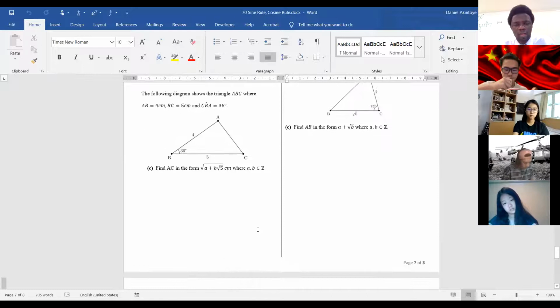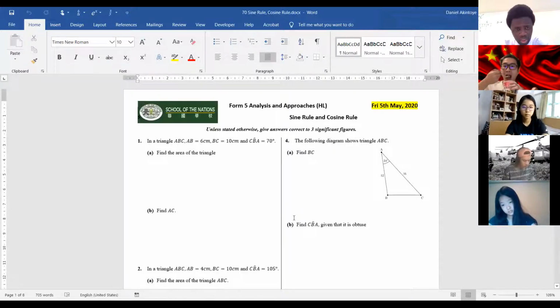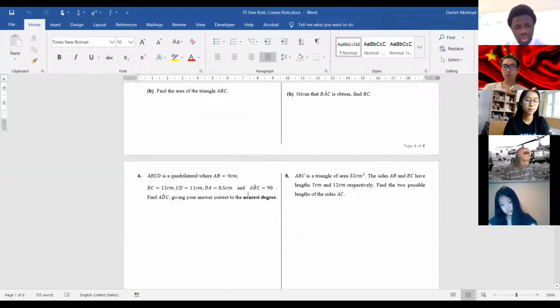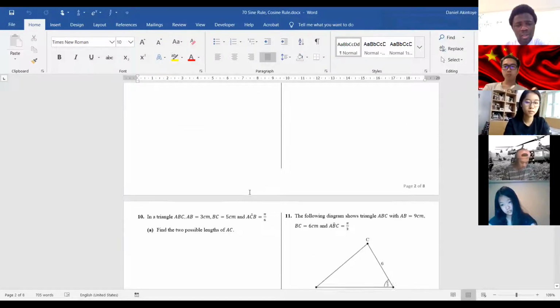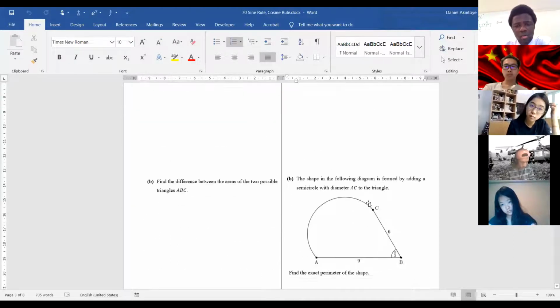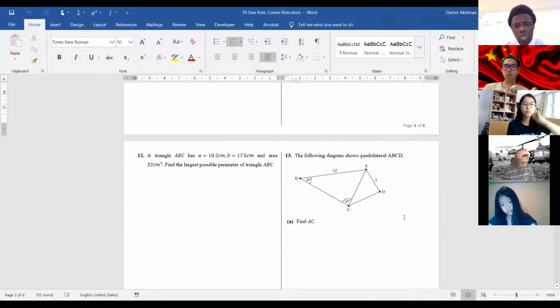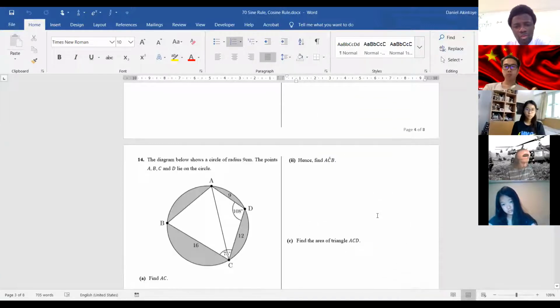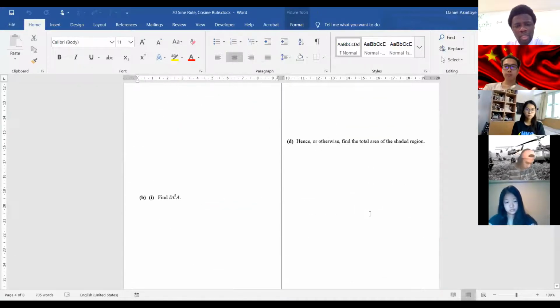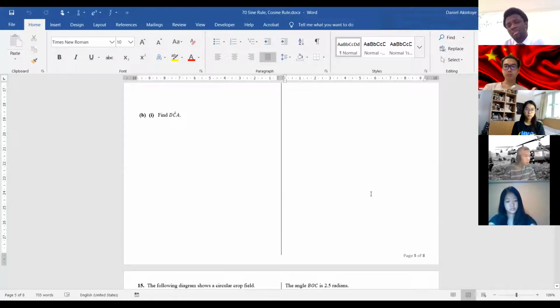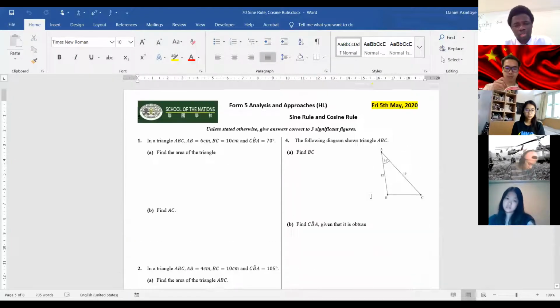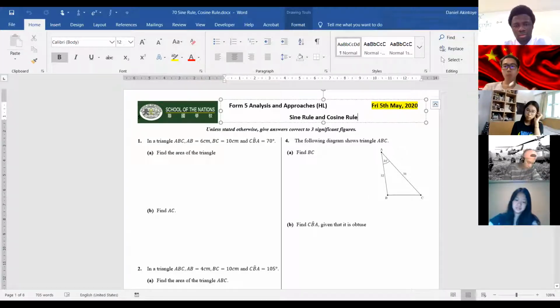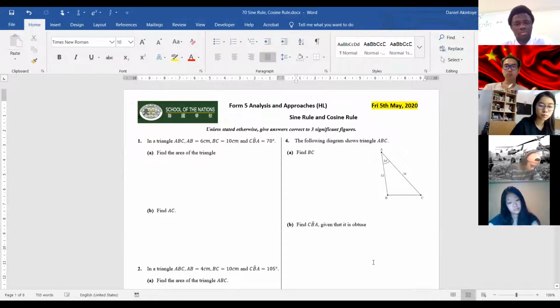Some of them are normal questions, some of them ambiguous cases, some of them are IB exam style questions, which will require your knowledge of sine and cosine rule. I believe you have done this in the past, but just in case somebody forgot something, this worksheet will serve as a reminder. Okay, sine rule and cosine rule.